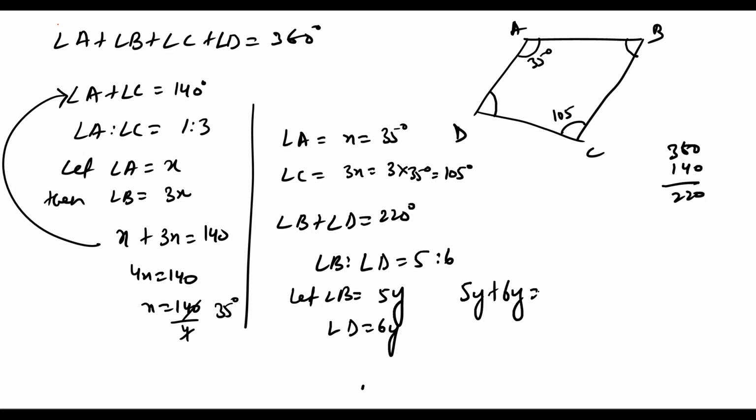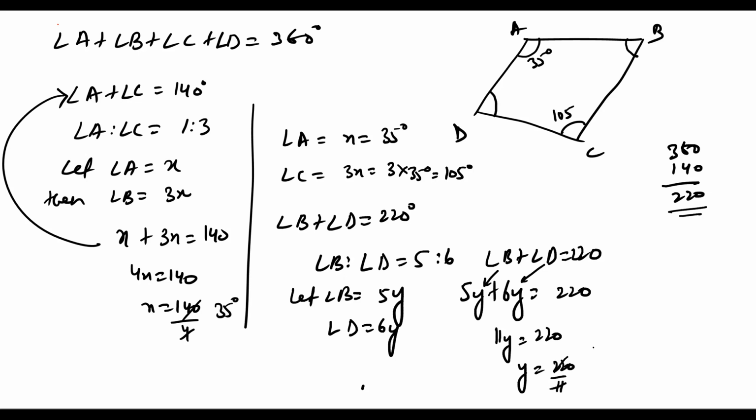It will be equal to 220. Angle B plus angle D is equal to 220. So angle B is 5y, angle D is 6y, so it will be equal to 220. You will get 11y is equal to 220. Then y will be equal to 220 divided by 11.